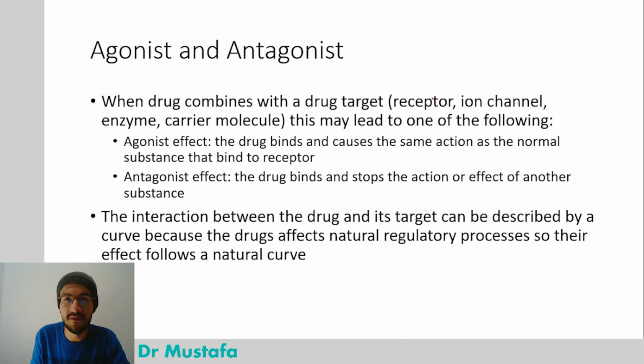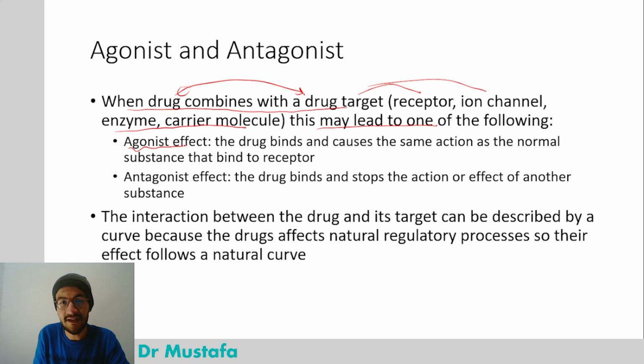So here we have some important information to remember from the previous lecture. We mentioned before that when a drug combines with a drug target, and the drug targets are either a receptor, an ion channel, an enzyme, or a carrier molecule, we either get an agonist effect or an antagonist effect.